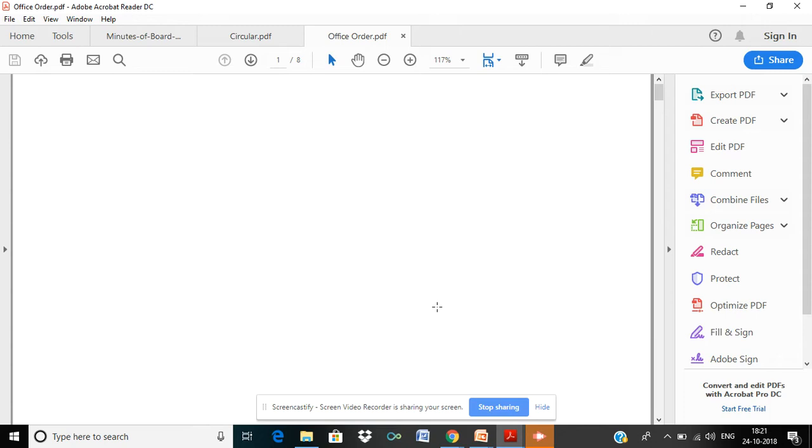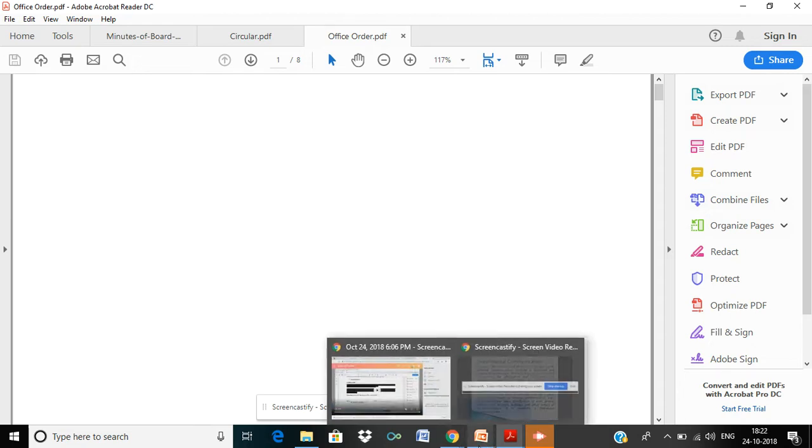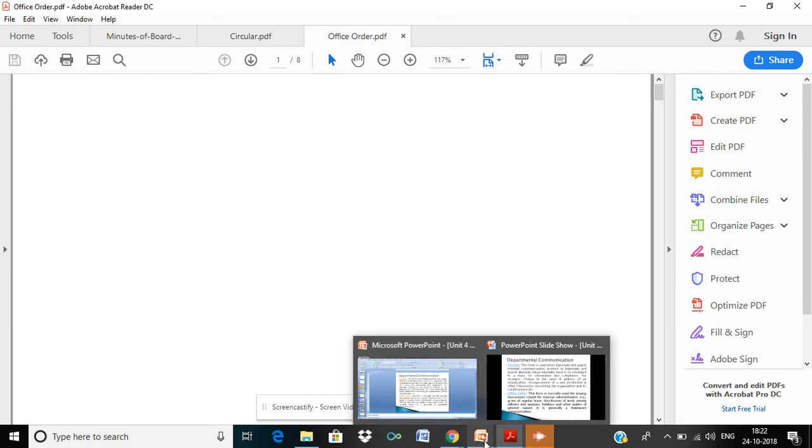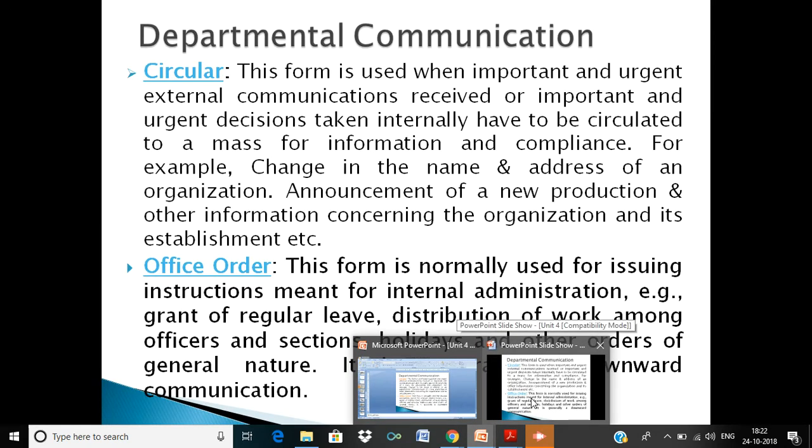For example, if there is some kind of vacation or holiday, that notice, the office order, will be issued by the competent authority that the institution or the organization will remain closed on that particular day on account of a particular event or festival. So that we have to write. And the office order is basically a form of internal communication.